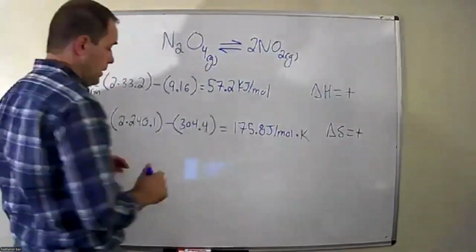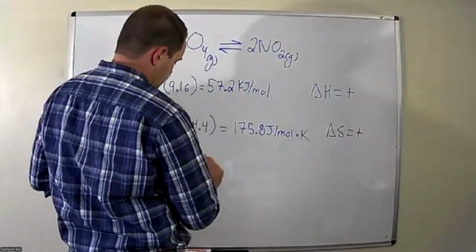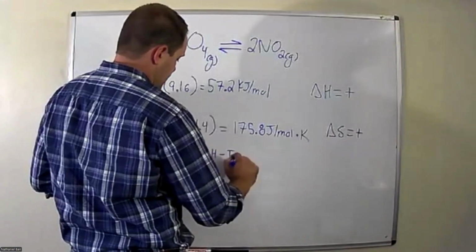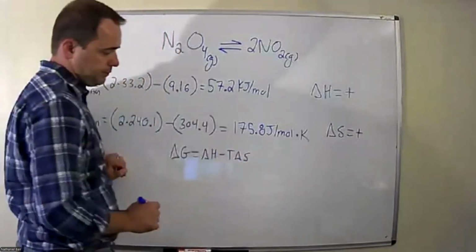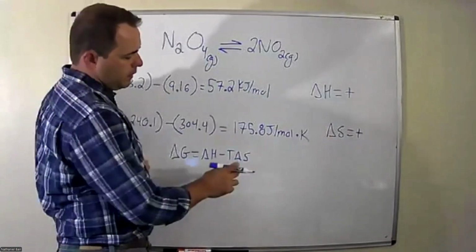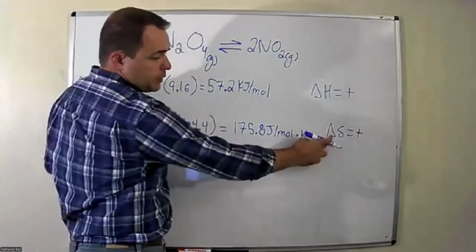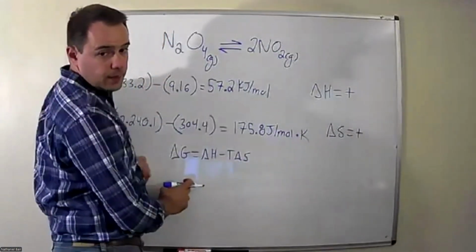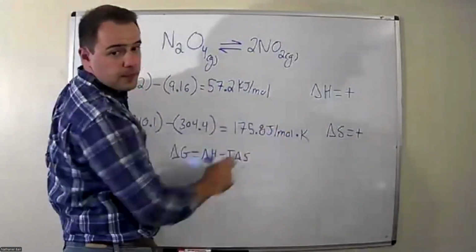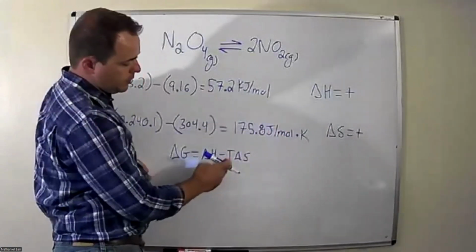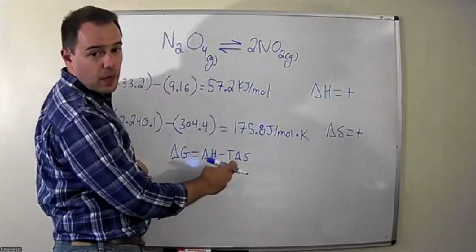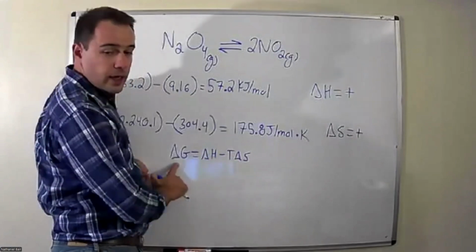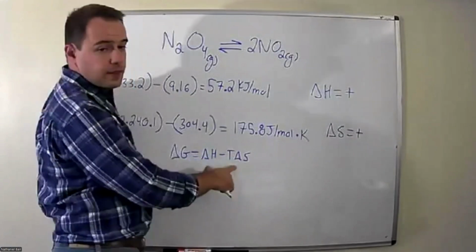Now, if we look at the formula, delta G equals delta H minus T times delta S. In the formula, an increase in entropy, that's good for spontaneity. Endothermic, that's bad for spontaneity. This is only going to be spontaneous at high temperatures. So you're only going to get a negative delta G at high temperatures.